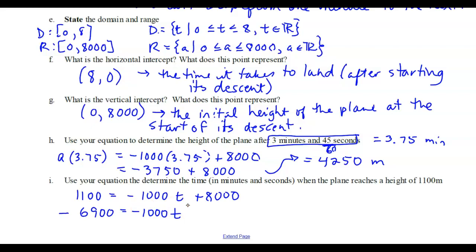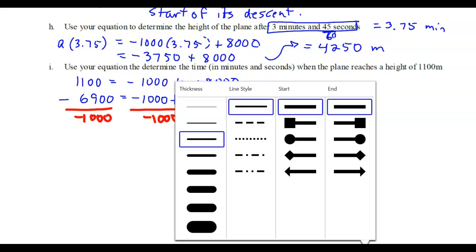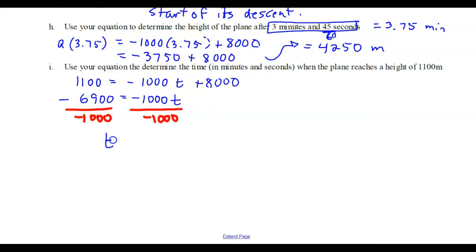Then divide by negative 1,000. So t equals, when we divide, positive 6.9, and that's minutes.